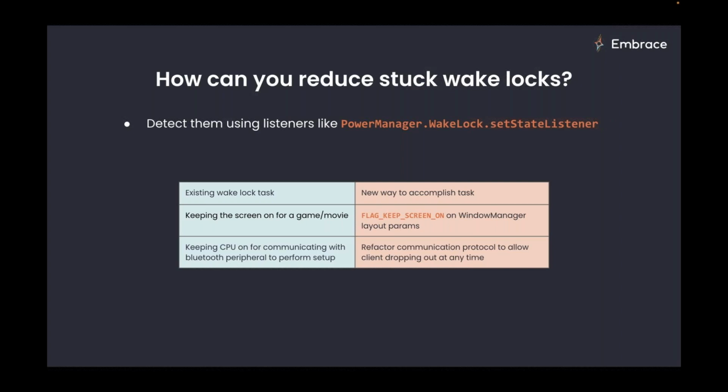So if you're trying to keep the screen on, you could supply the screen on attribute either in your Android manifest or your window manager layout params. So that's kind of the modern alternative. And you could also just, for example, with communicating with a Bluetooth peripheral, you could refactor that protocol of communication and make it a bit more resistant to allow the client to drop out at any time.